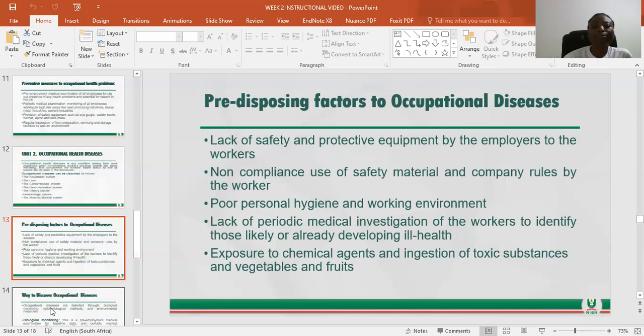Antonia. Where there is lack of personal and environmental hygiene, the employees are liable to be exposed to various types of diseases at their workplace. Okay. Another point, poor personal hygiene. Not only personal, even environmental hygiene. Yes, very important. It can predispose where an individual is working in an environment that is polluted.